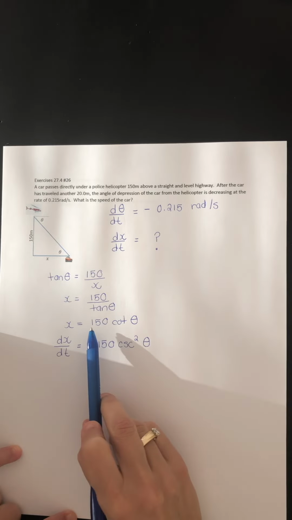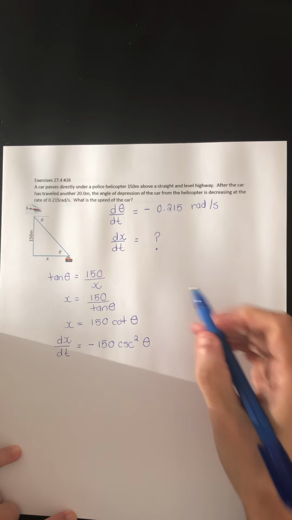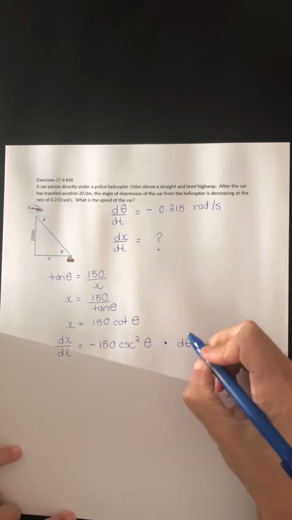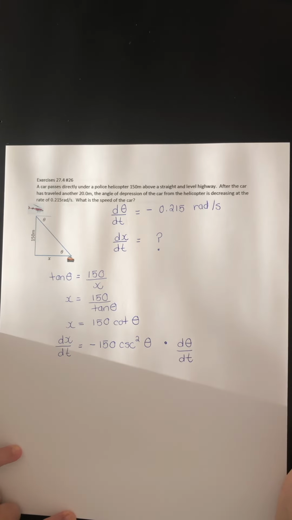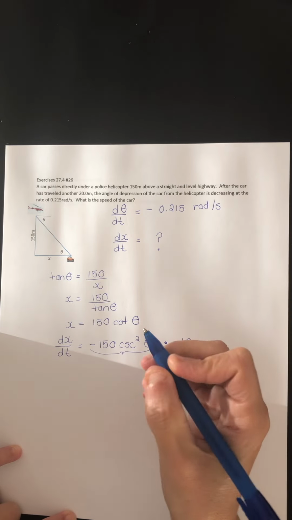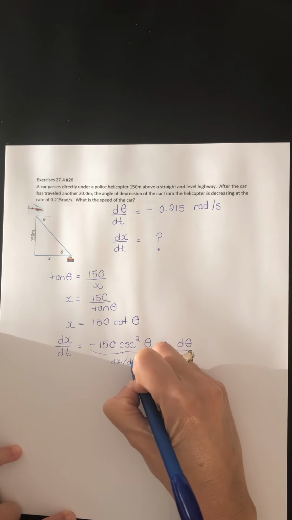Okay, but that is simply the derivative with respect to theta. So of course we have to remember that that will be multiplied by d theta by dt. Okay, just like that. And again, that's because this part right here is just the derivative of x with respect to theta.